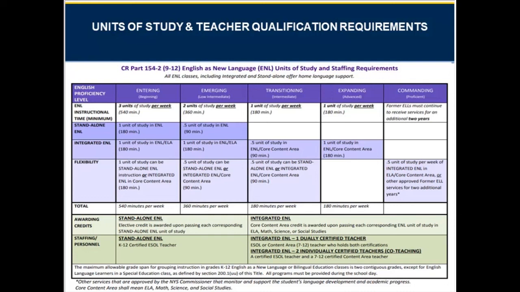With the integrated model, the students receive a core content area credit after passing each corresponding ENL unit of study in a content area. As you can see, students at all levels must receive integrated ENL in order to provide them with rich and more rigorous opportunities in learning grade level content while providing them with the English language skills needed to access that content.